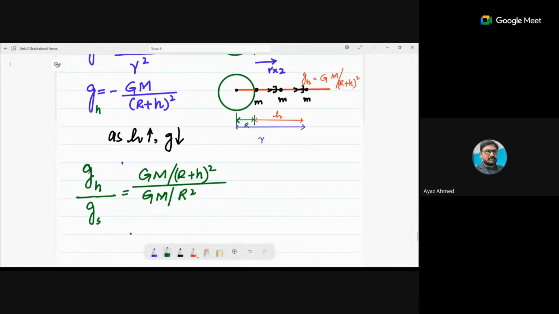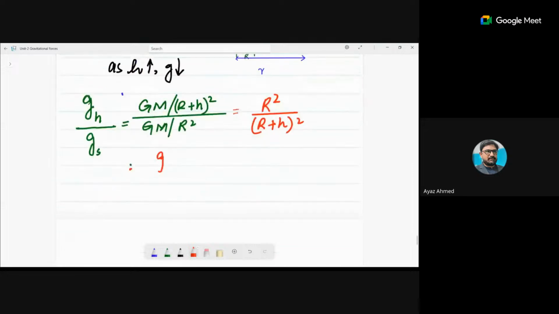When I put it in the rule of fractions, this will become R squared divided by (R plus h) whole square. This is actually the formula because GM cancel हो जाएगा ना.